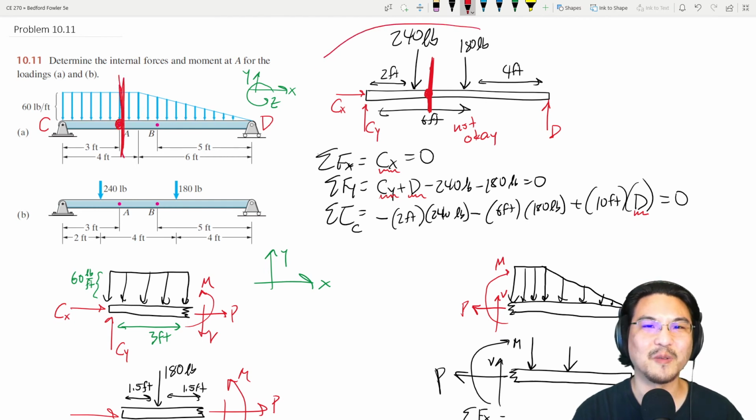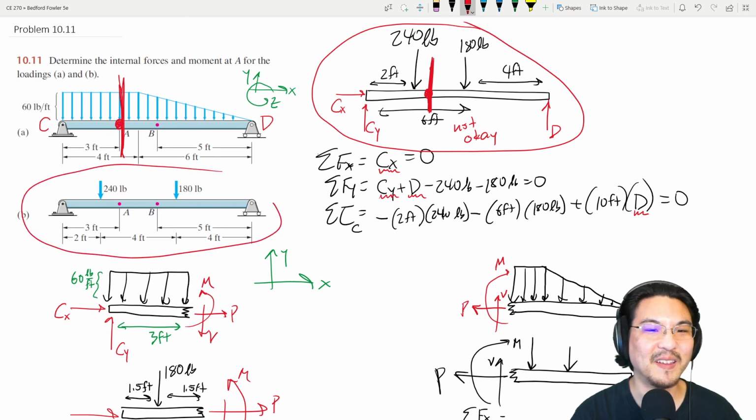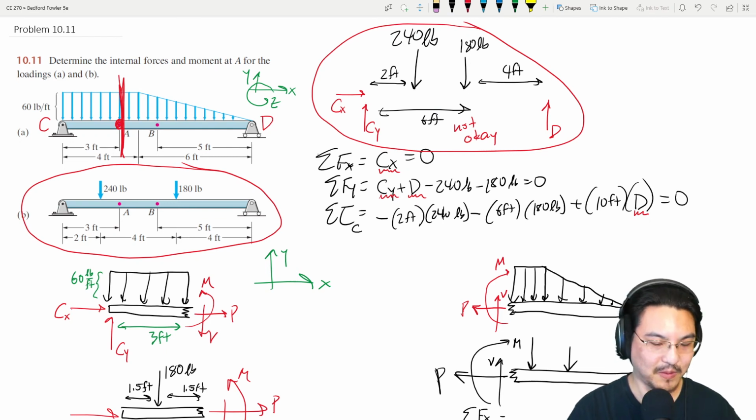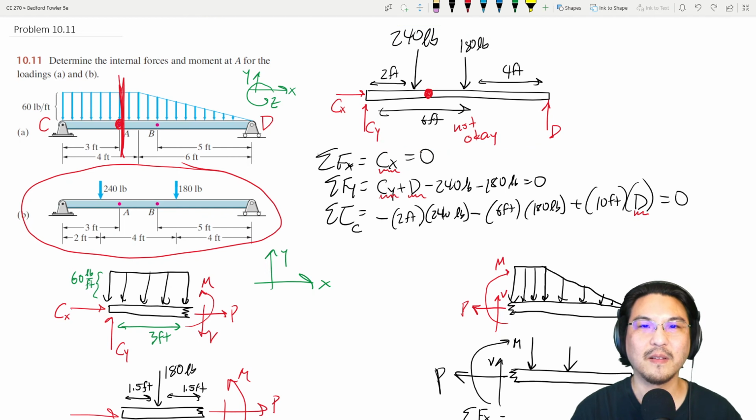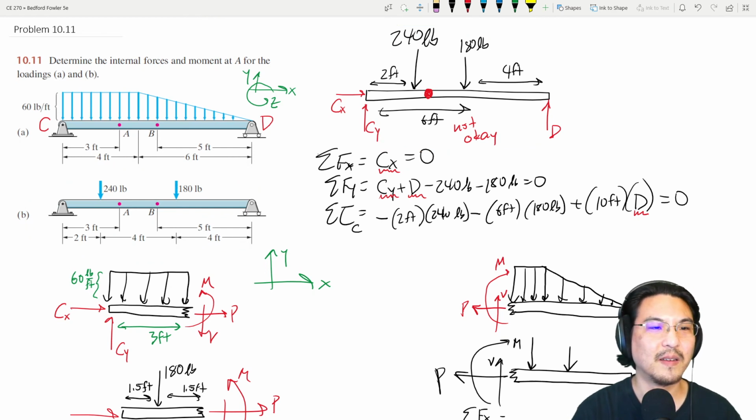Notice that this representation is exactly part B. So this is to prove to yourself that if you were to cut the section here, you would not get the same answer as if you cut the section here. So that's what you can try.